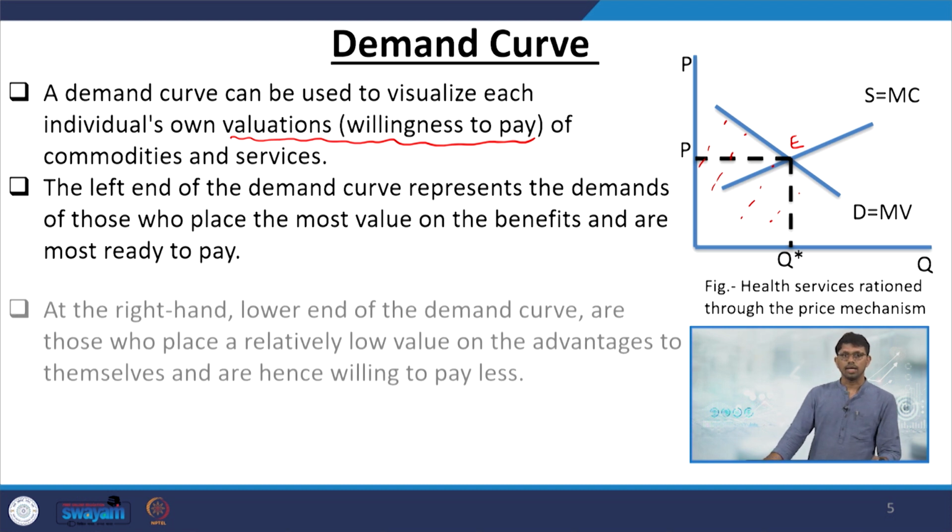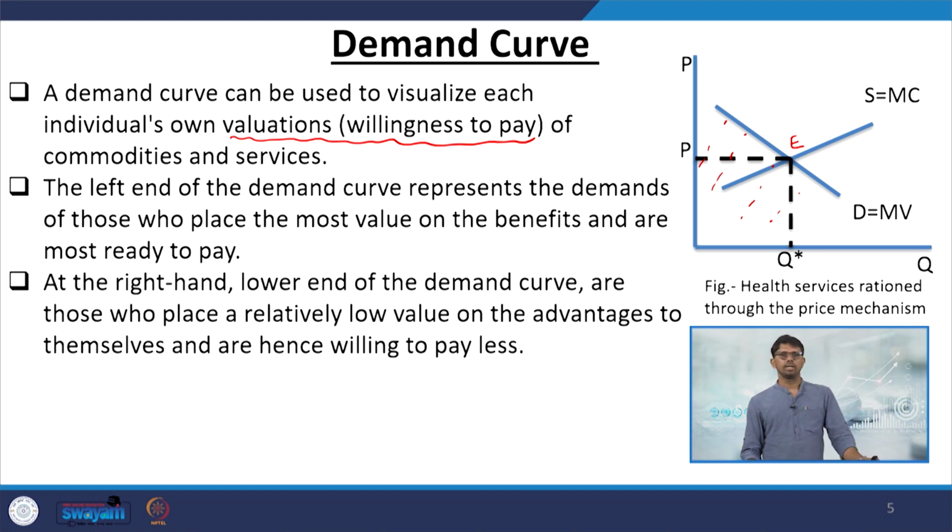At the right-hand lower end of the demand curve are those who place a relatively low value on the advantages to themselves and are hence willing to pay less. Again, between the lower end and upper end, it is quite obvious that the valuation would be different. At the upper end the valuation is by the elites, and at the lower end it is the non-elites or the other classes.